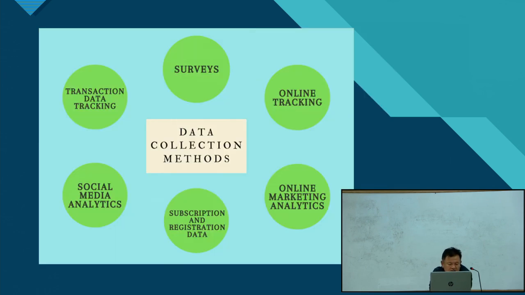Also, this is another picture related to data collection: survey, online tracking, online marketing analytics, subscription and registration data, social media analytics, transaction data tracking. These are kinds of methods.